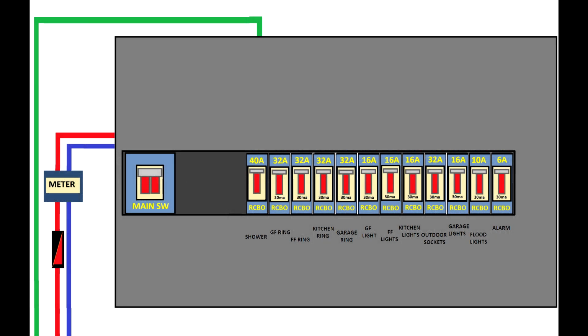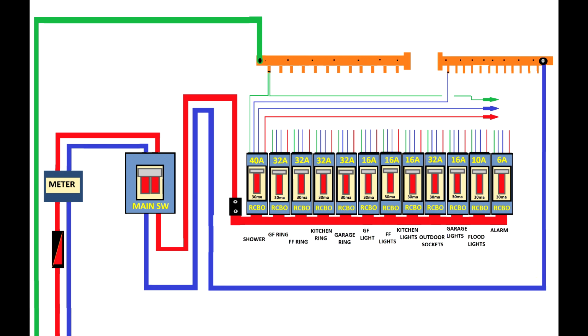It's a combination device that provides both RCD and MCB, miniature circuit breaker, protection in one unit. It monitors the residual current and also provides protection against overloading and short circuit in a specific circuit. If a fault occurs, only that circuit will be disconnected, allowing other circuits to continue functioning normally.